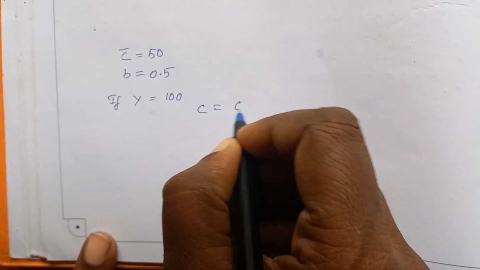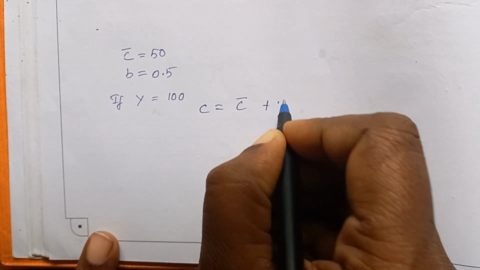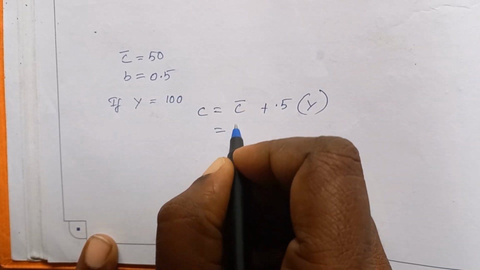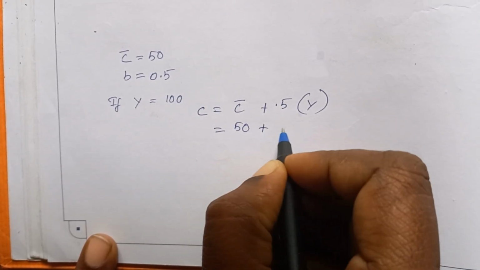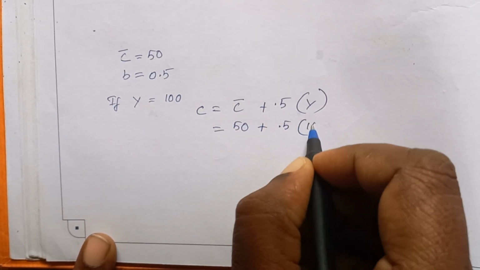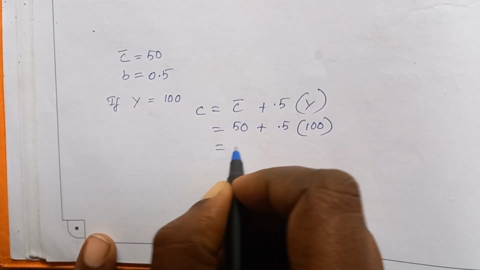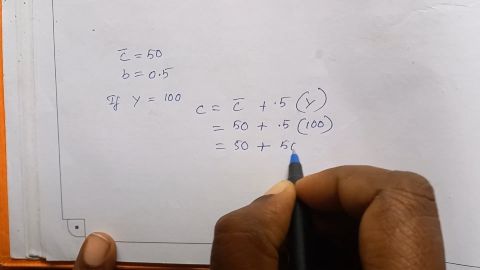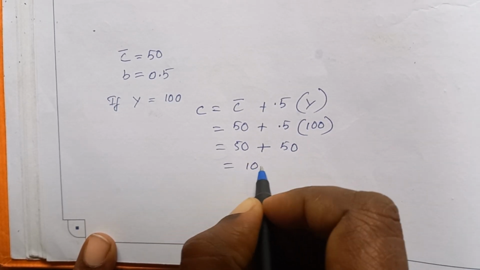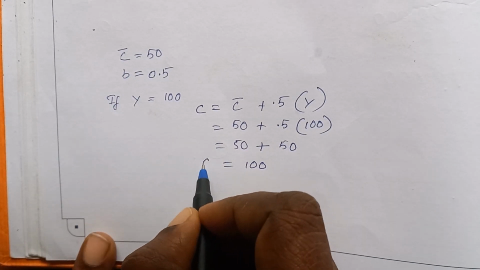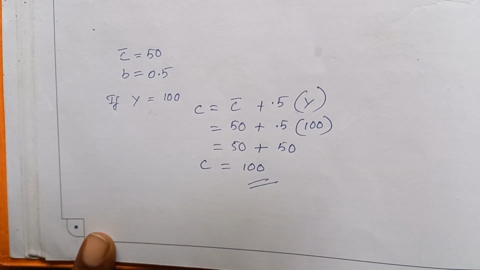Consumption C is equal to C bar plus 0.5 of Y, which is 50 plus 0.5 of 100, that is 50. So it is equal to 100. Here income is 100 and consumption is also 100.